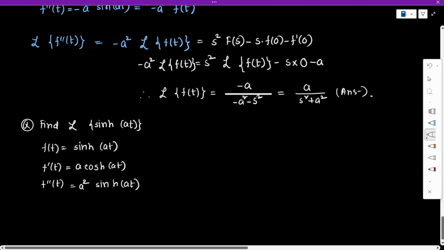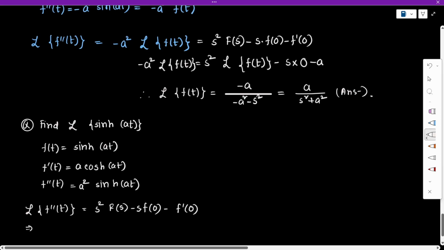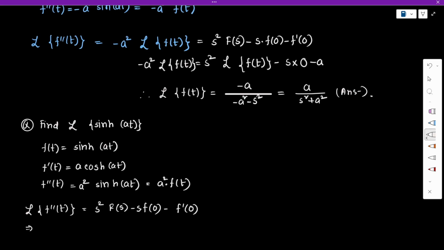Okay, and similarly, in the same way, if we take the Laplace transform of f double prime of t, we all know that this is going to be s square F(s) minus f(0) times s minus f prime of 0. Okay, so the Laplace transform of f double prime of t, we can easily say that this is equal to a square times f(t).